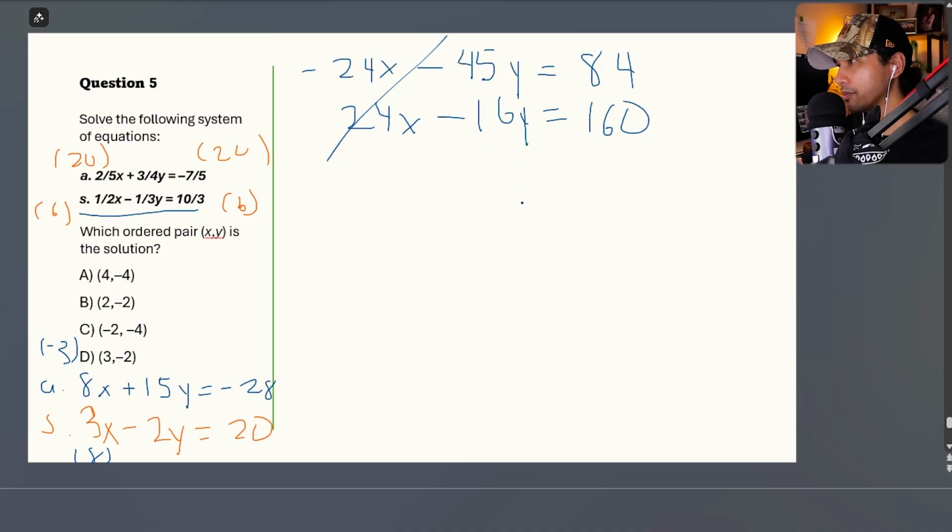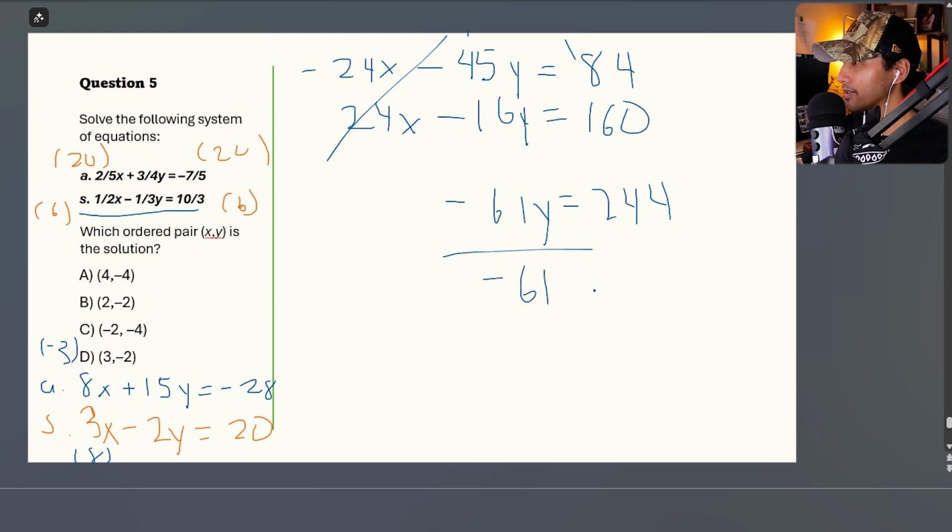And this is going to be negative 61y, equals 244. Wow.